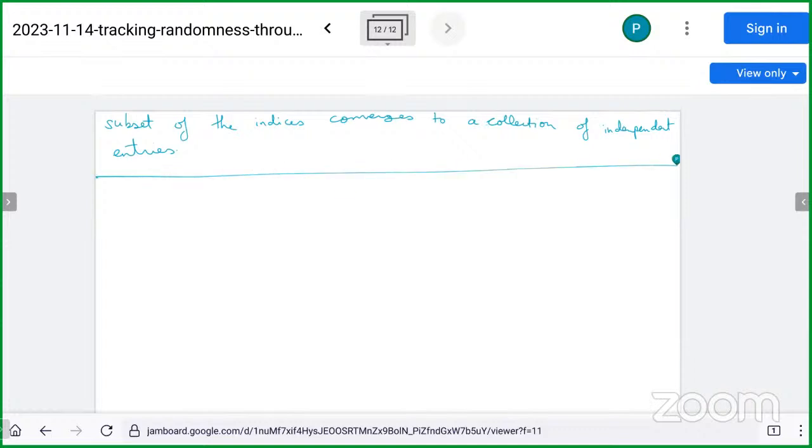So let's look at a simple two-layer network.